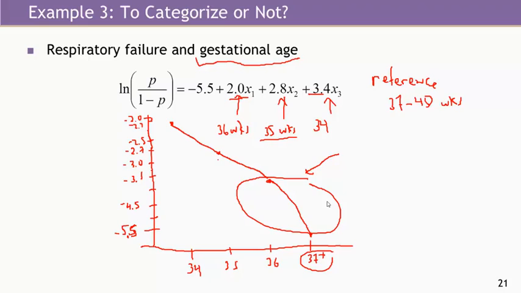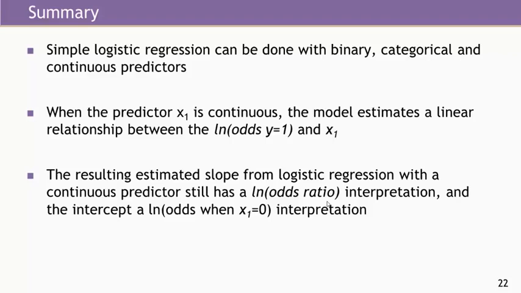So sometimes it makes sense to take something on a continuum and model it as categorical if there is not evidence in the data that the association is strictly linear between the log odds of the outcome and our continuous predictor. So in summary, simple logistic regression can be done with binary, categorical, and continuous predictors.